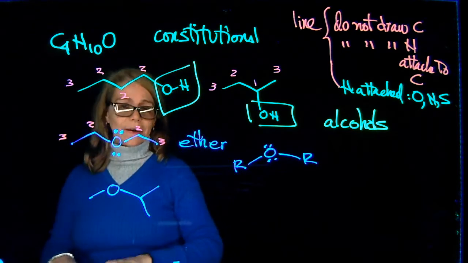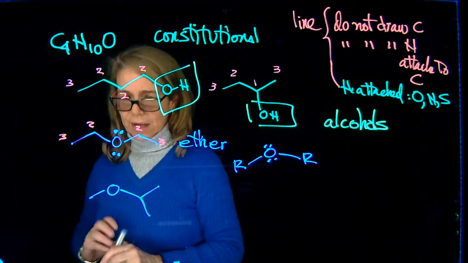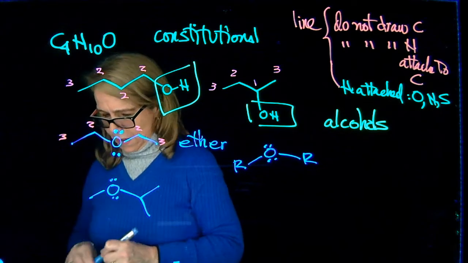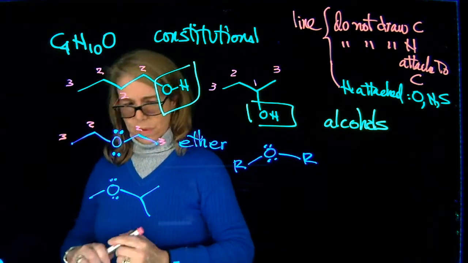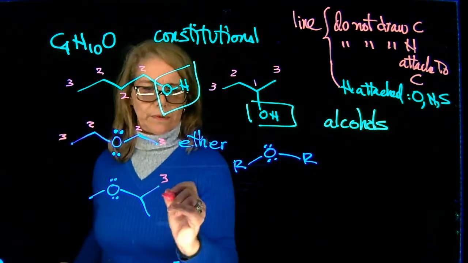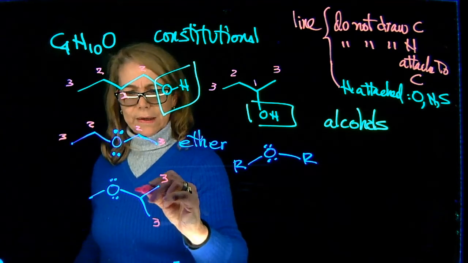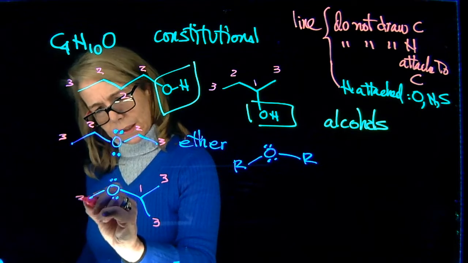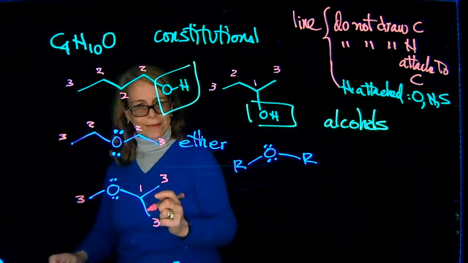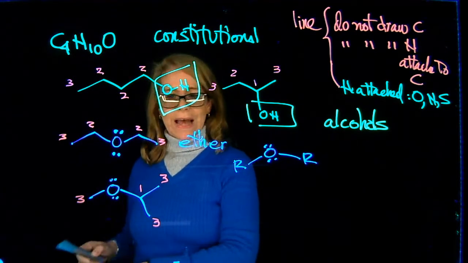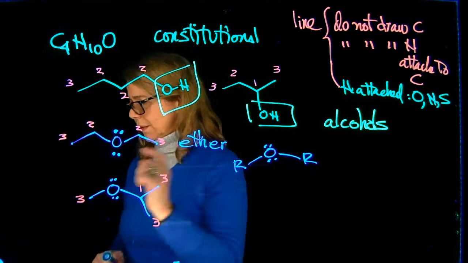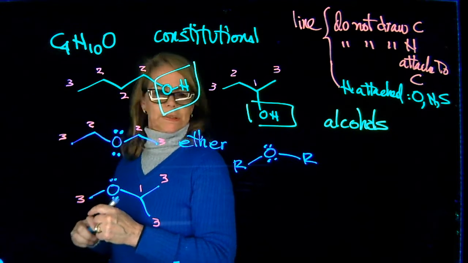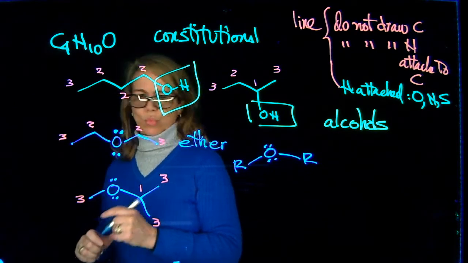And notice that here I don't have hydrogens attached to oxygen. Moving on to the other structure, here I need 3 more bonds, so 3 hydrogens. Here I have 1, 2, 3 bonds, so I need only 1 hydrogen, and here I need 3. If you add those up, that will be 10. So that is another ether, in this form. Do I have any other combination? Let me think about that.